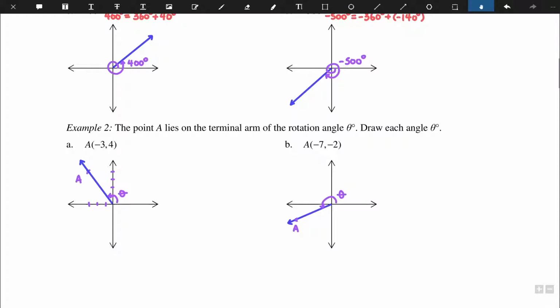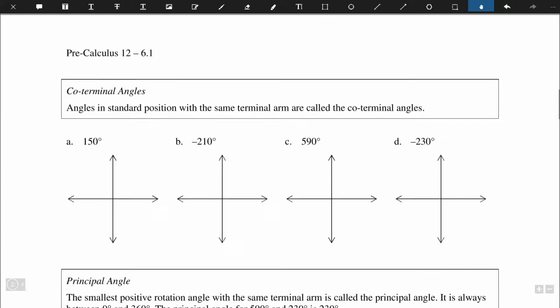So now let's look at coterminal angles in greater detail. Angles in standard position that have the same terminal arm are coterminal angles. So for example, 150 degrees is somewhere here.